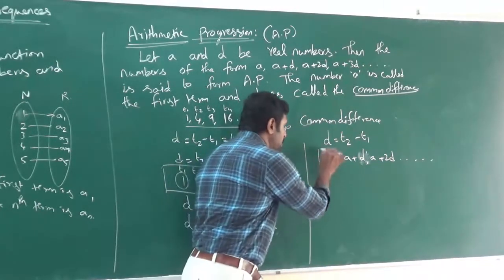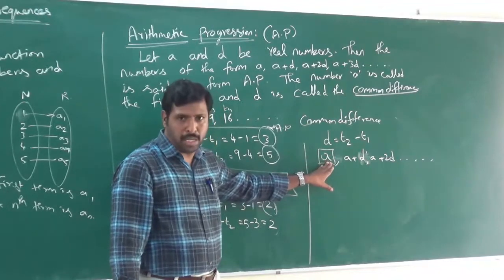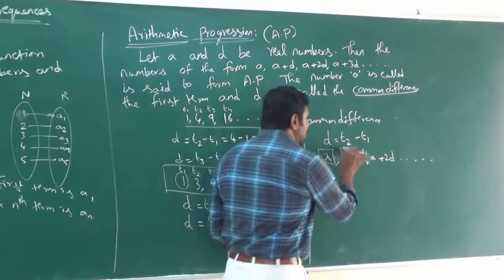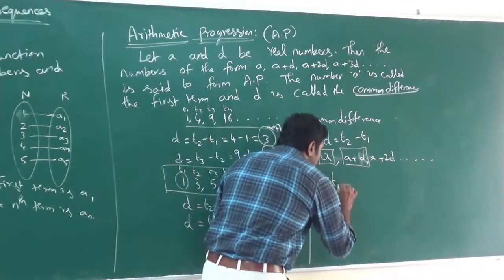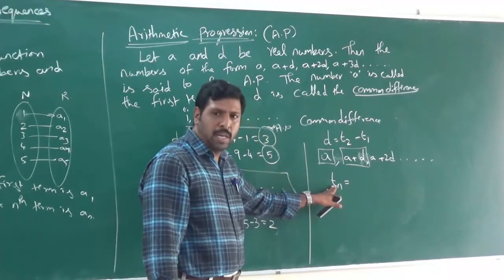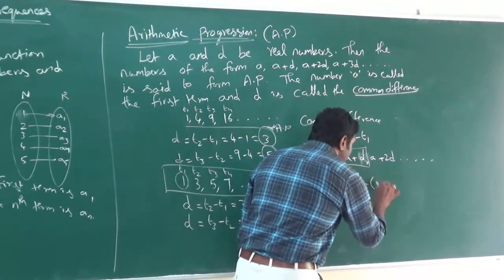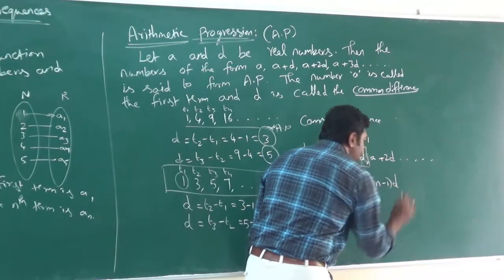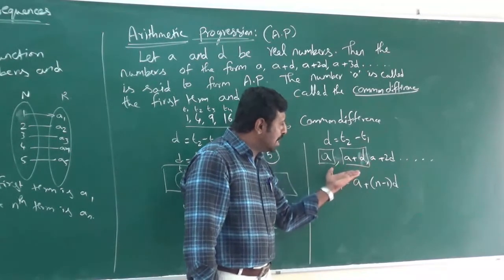Here the first term A is always called the first term of the AP. A plus D is the second term of the AP. So for the nth term, the general term of the AP, we have the formula Tn is equal to A plus n minus 1 into D. See, here we have one number less than n, right?